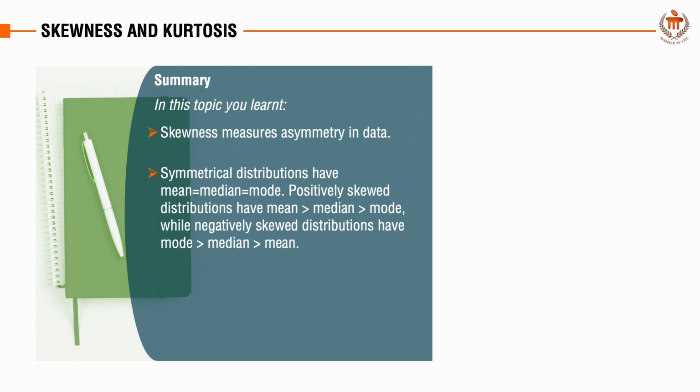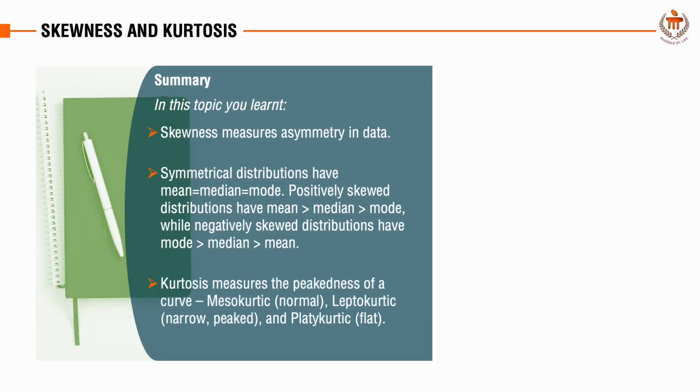In a negatively skewed distribution, we have mode greater than median, greater than mean. Kurtosis basically measures the peakedness of the curve. The normal curve is called mesokurtic, while leptokurtic is a very narrow, peaked curve, and platykurtic is a very much flattened curve.